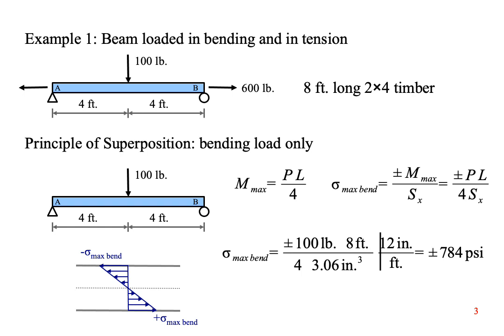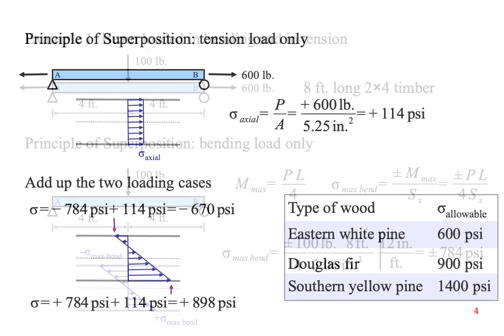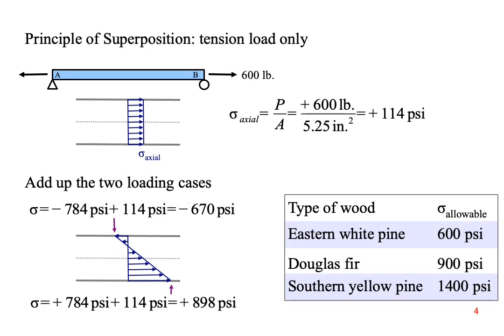Solving for maximum bending stress, we get a compressive negative 784 psi on the top surface and a tensile positive 784 psi on the bottom surface. Now we'll consider the axial tension load only.